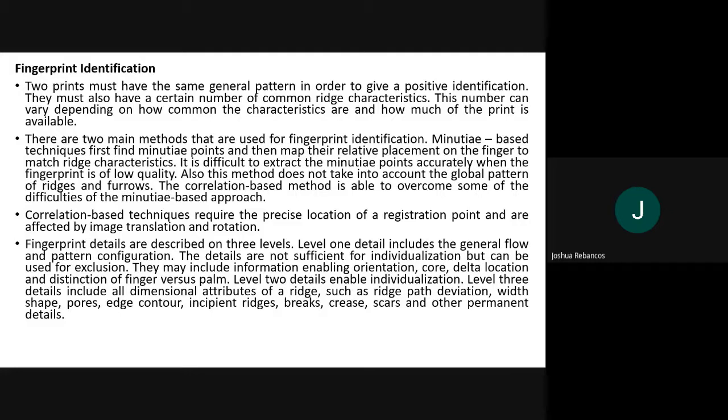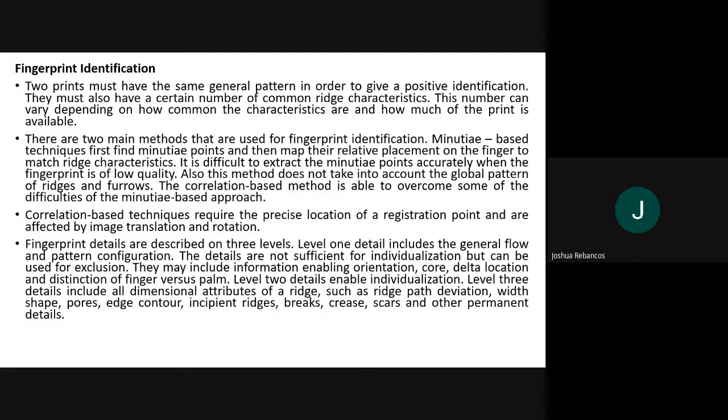Okay? Fingerprint details are described on 3 levels. Level 1 detail includes the general flow and pattern configuration. So, kung papunta ba yung flow niya sa little finger or sa thumb, ibig sabihin sa radial, sa loop, pag yung recurving ridge niya is papunta sa thumb, ang tawag natin dun is radial. Pag papunta naman sa little finger or ulnar bone, ulnar loop.